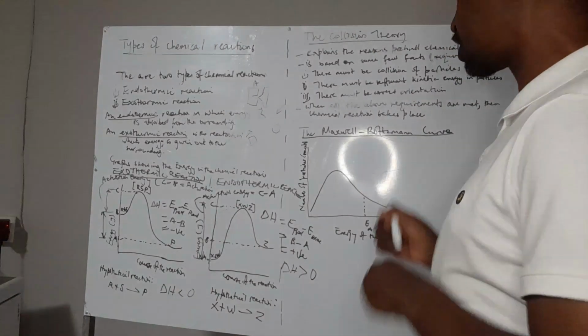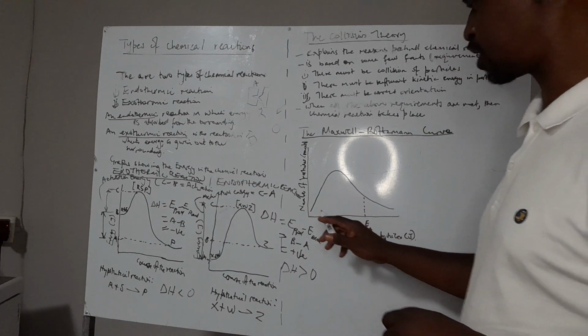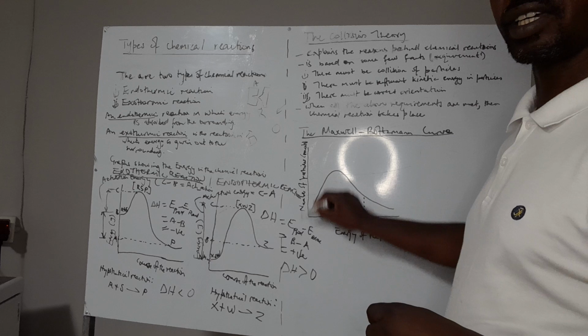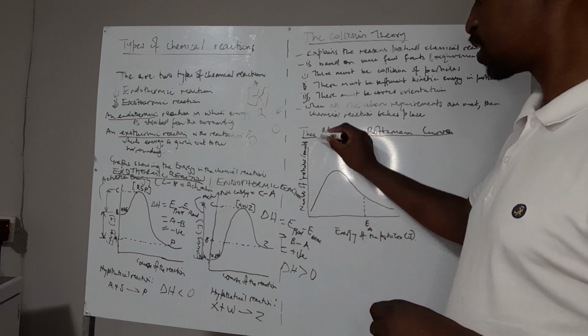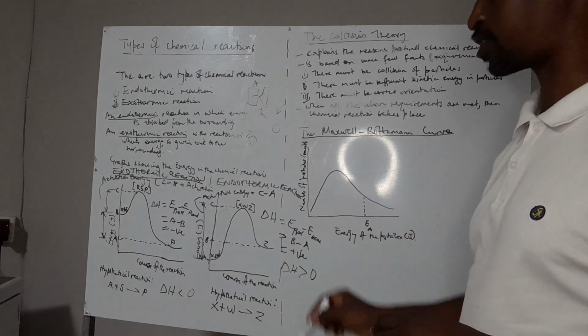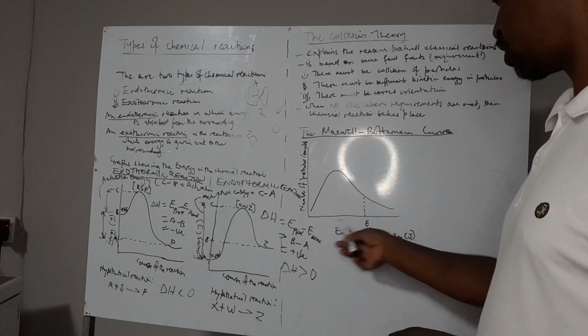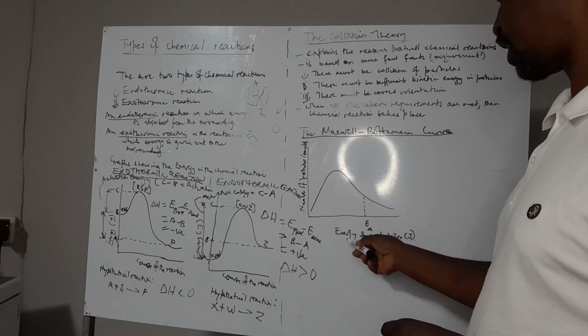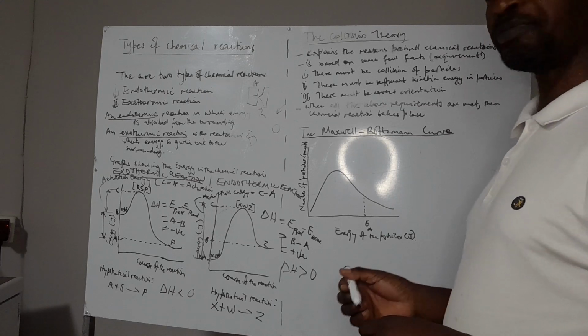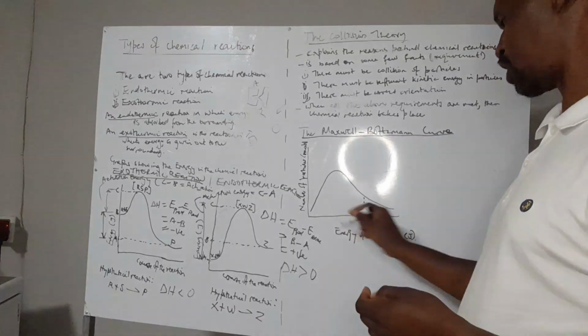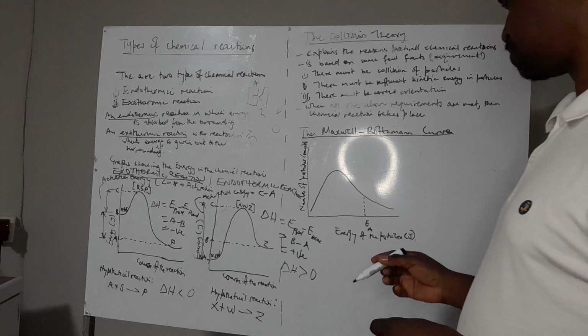Now, when we look at this graph, on this axis there is the number of particles, which could be in moles. Then on the horizontal axis, we've got the energy of the particles, or maybe the kinetic energy of the particles.